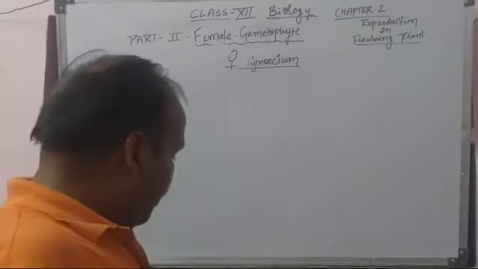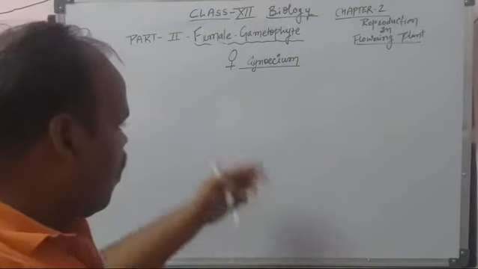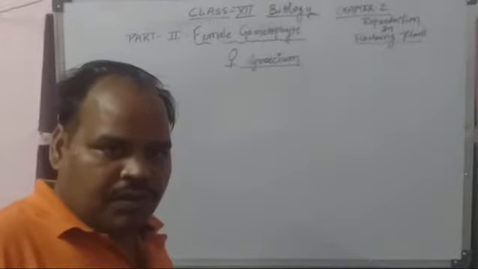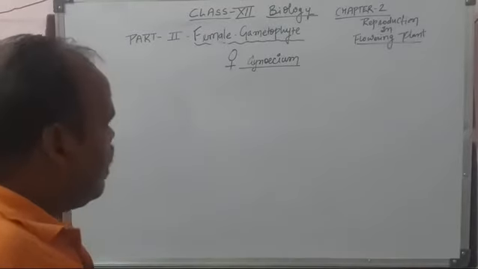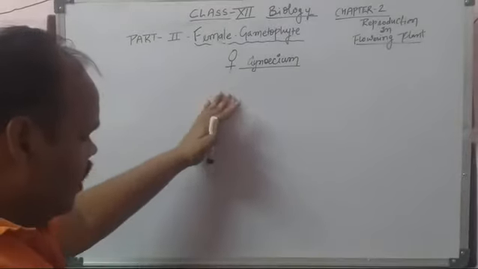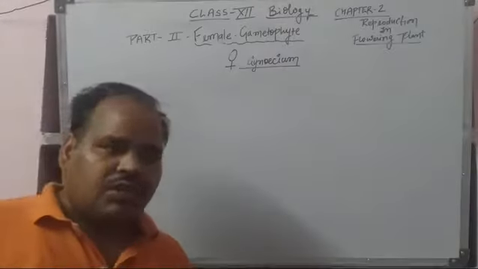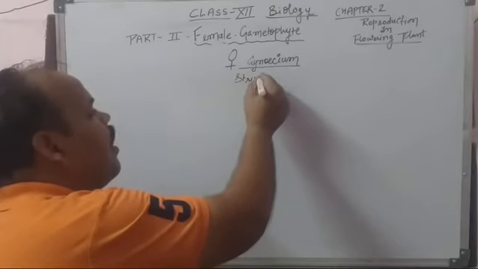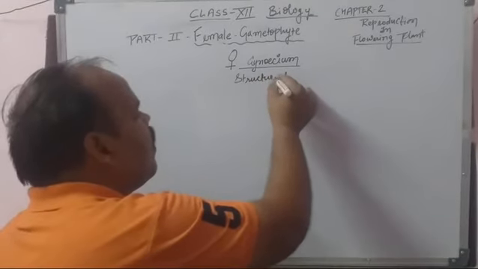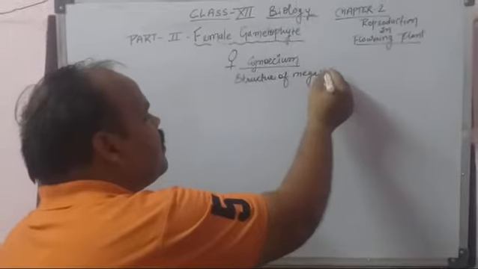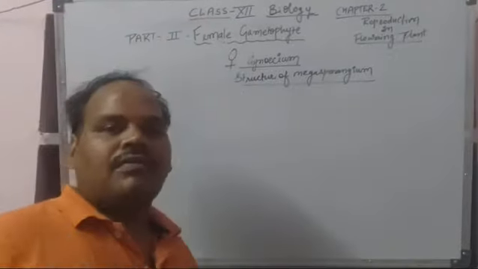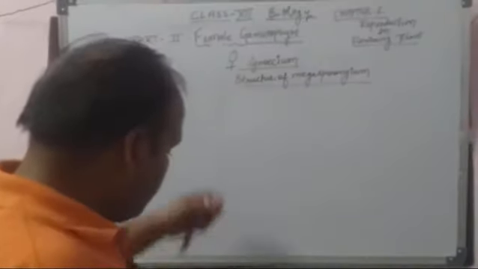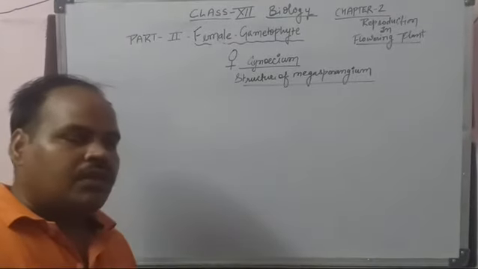The structure of the female part, including the gynoecium, includes the structure of the megasporangium. This is also part of the gynoecium of the flower.